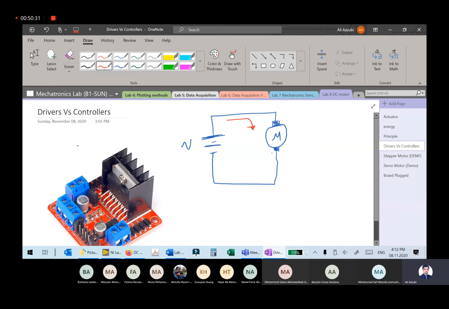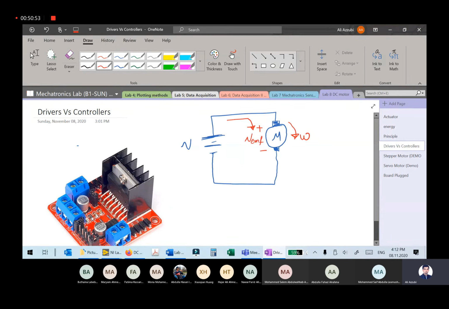Now, your colleague has asked a question about whether the motor can generate power. Actually, this happens when the motor rotates with a speed of omega. Internally, it will induce a voltage, called EMF or back EMF.